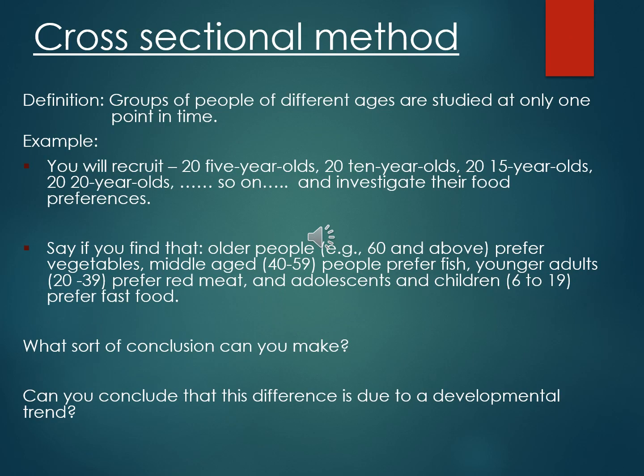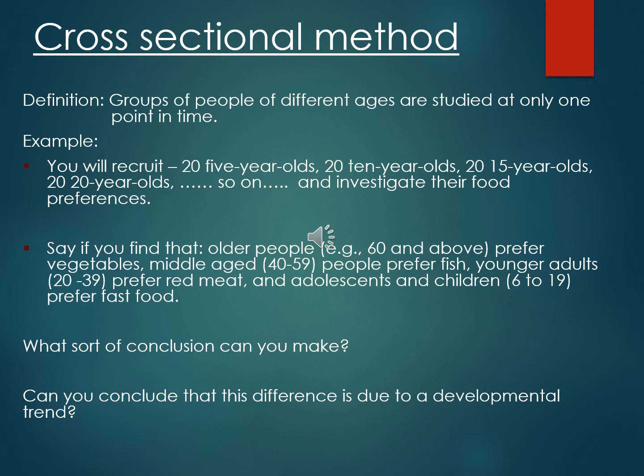One of the methods of developmental research uses the cross-sectional method. The definition of the cross-sectional method is you are going to recruit multiple groups of people with different ages, and they are studied at only one point in time. So you're going to have 20 years old, 10 year old, 15 year old, right?